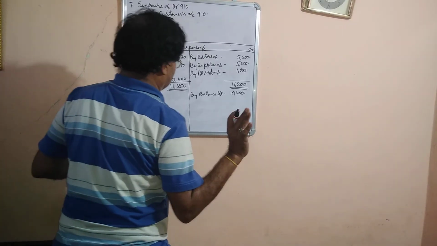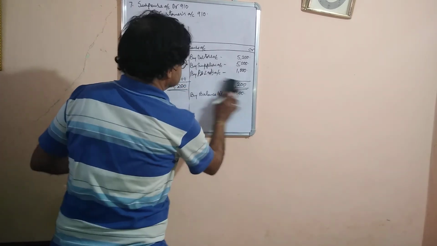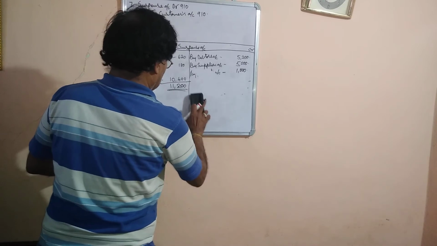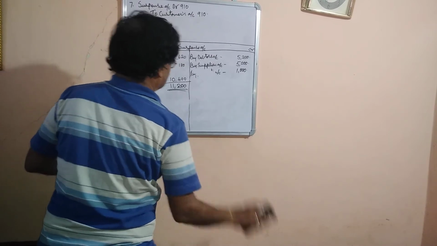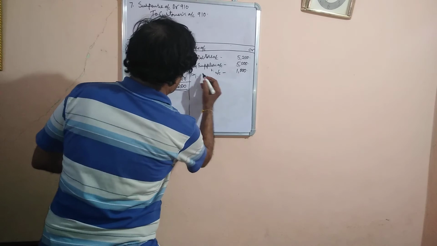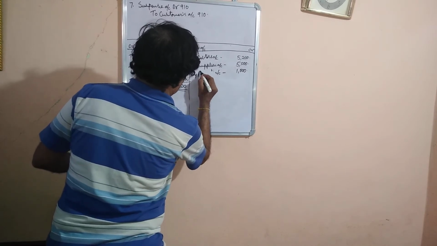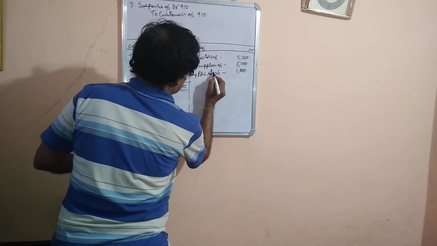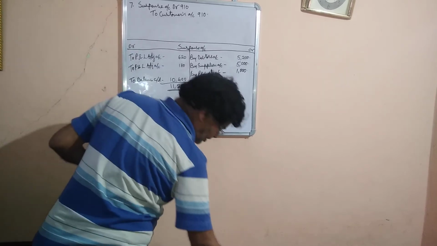Sorry, wait. We have to see the last one also, by P&L adjustment account. Okay, without seeing that, I balance.